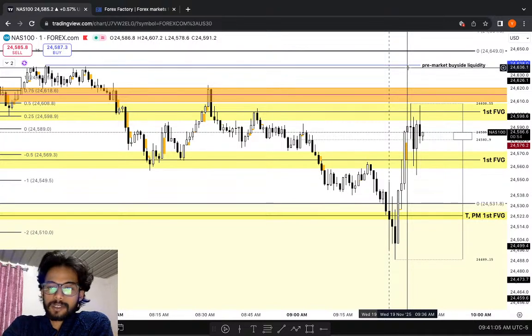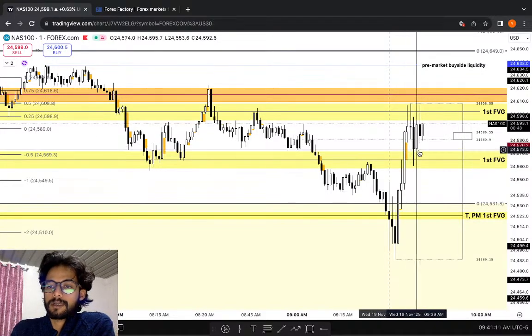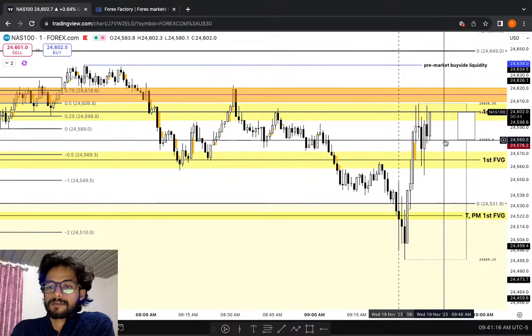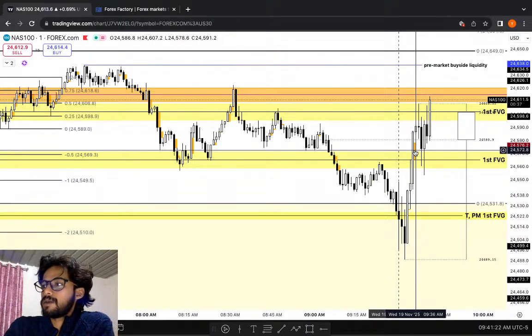Let me just close it. I'm content. I'm done. This is the first presentation for today, and it is trying to hold the prices. This gap right there, bodies of the candles staying above the midpoint of that, and now it is trying to take out the highs. Pre-market buy side.